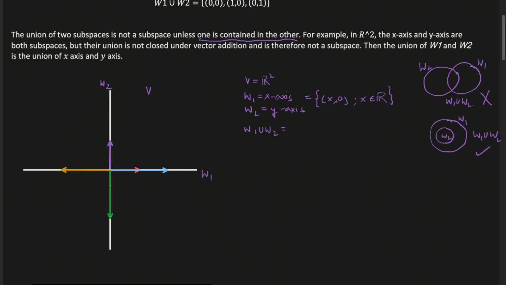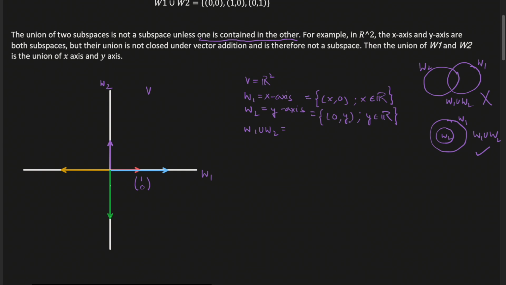So all such vectors (x, 0) belong to W1. For example, this red vector is nothing but (1, 0). And what vectors belong to W2? It is of type (0, y), where y belongs to R.